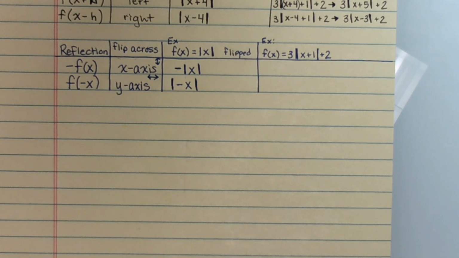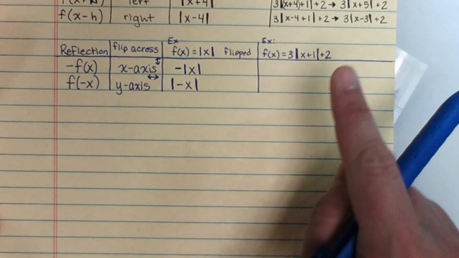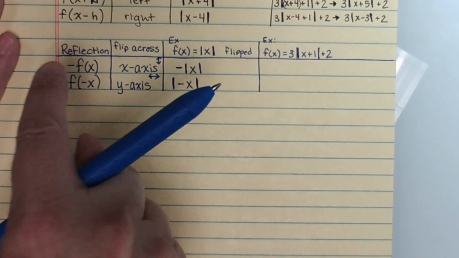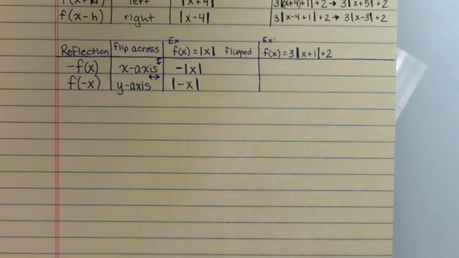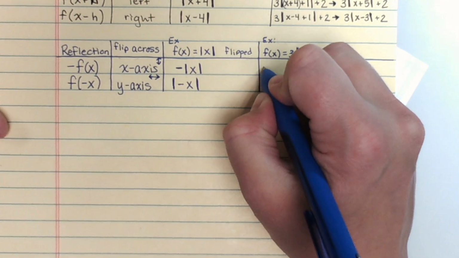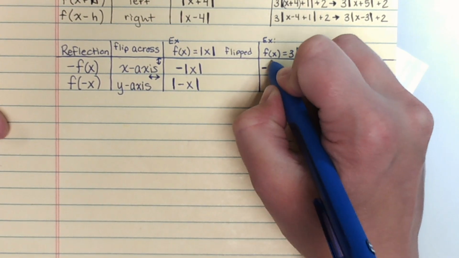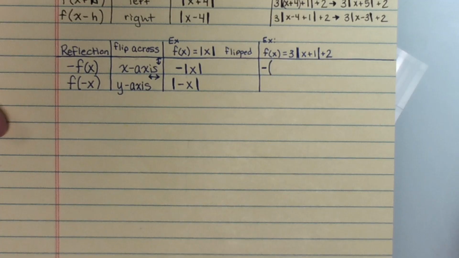The more complicated the function can cause issues, though. Because as the function gets more complicated, the negative is in front of the entirety of f of x. Which means when I put the negative in front of this, it needs parentheses.